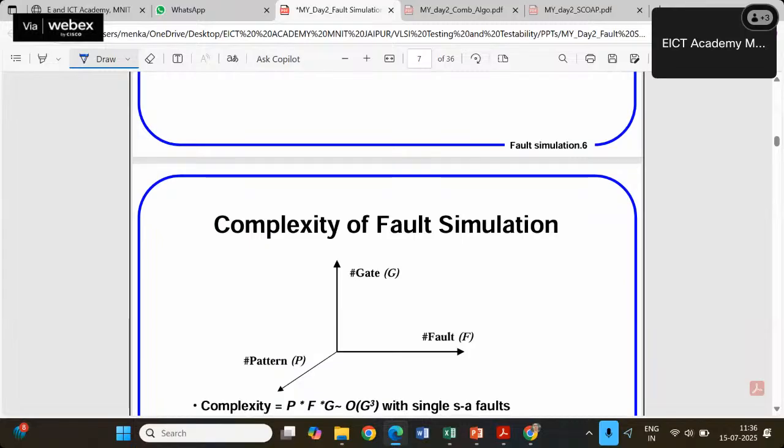And the complexity of fault simulation depends on the patterns, how many patterns you have been using, how many gates there are in that circuit, and how many faults are available. So basically the complexity becomes G cubed. So it is very complex. Fault simulation is a very complex algorithm.